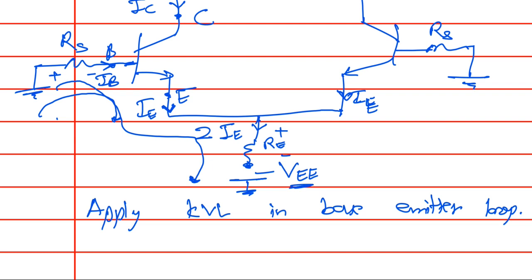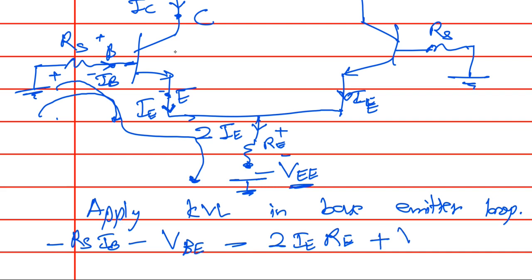So what will be the KVL equation? Minus RS into IB, because the current is the base current, then minus VBE, because we are going from plus to minus, here is plus, here is minus. Then here is the emitter current and emitter resistance, so minus 2 times the emitter current into RE, and we are going from minus to plus VEE, so plus VEE equal to 0.